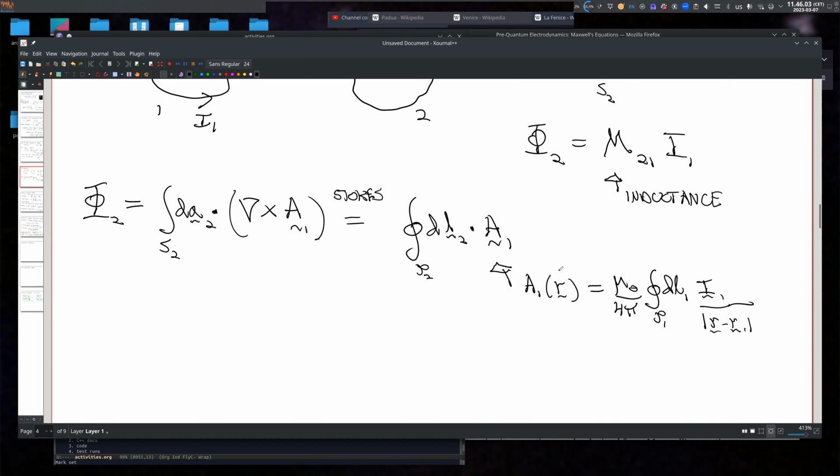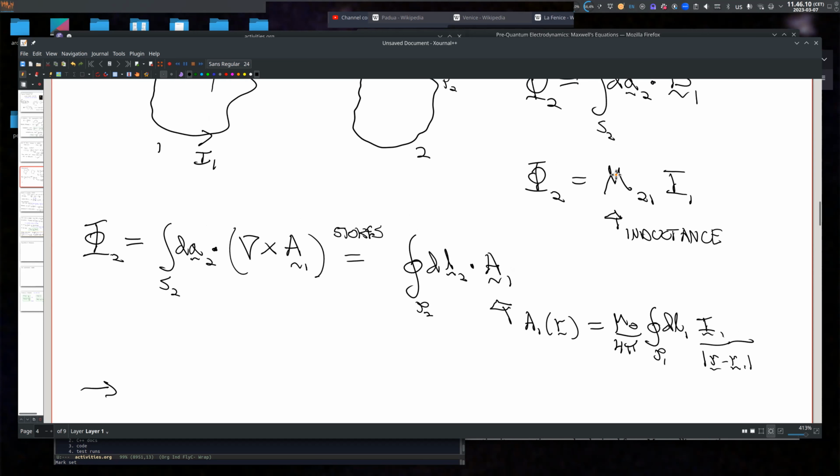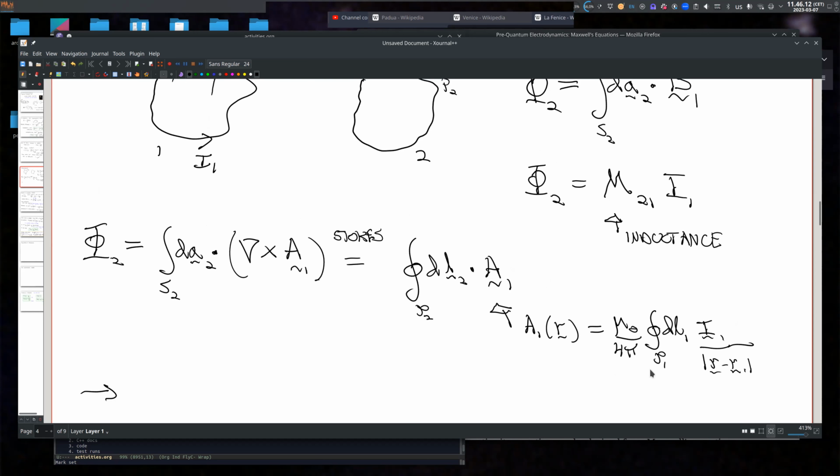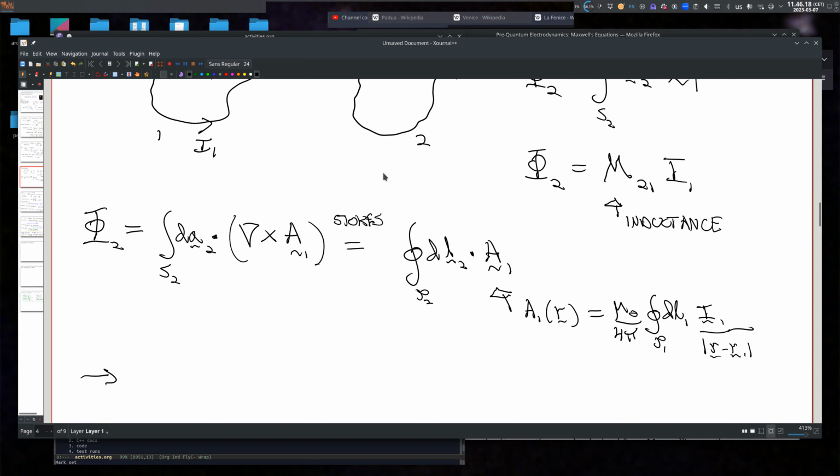So what that means really is that if I look at the expression that I have for the inductance, then I've got the proportionality with I1. So this inductance here becomes a purely geometrical relationship between the two loops. Okay, so this phi 2 is equal to mu0 I1 over 4 pi.